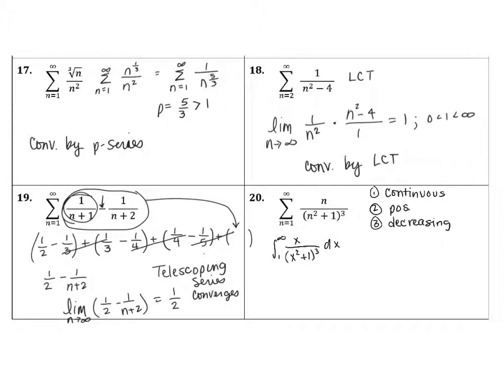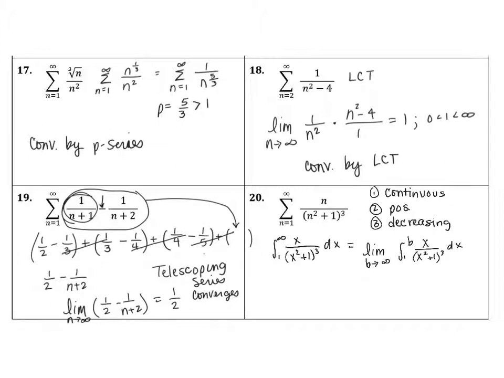And several things are wrong here. One thing, you've got an improper integral, so we're going to have to write the limit as b approaches infinity of the integral from 1 to b of x over x squared plus 1 all cubed dx. And then if we do this, the derivative of the bottom is almost the top.